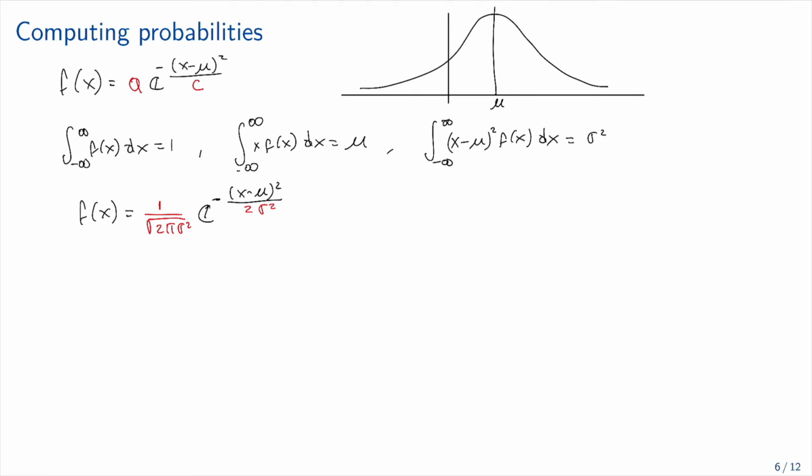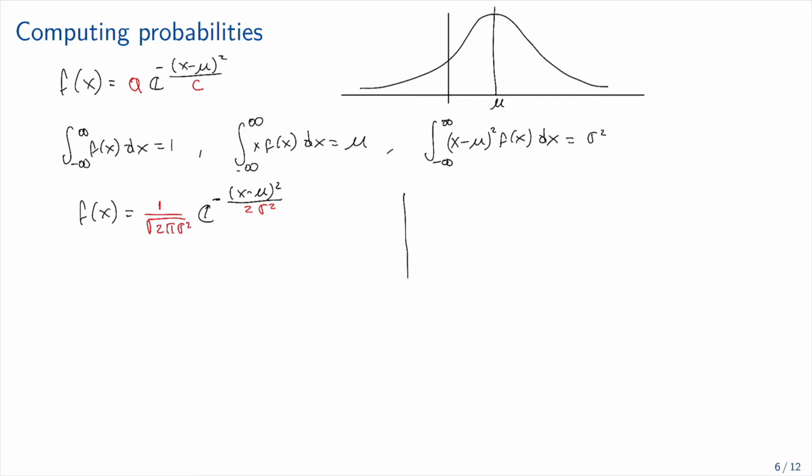So our constants a and c are represented by these two expressions. Now, how do we use this to compute probabilities?